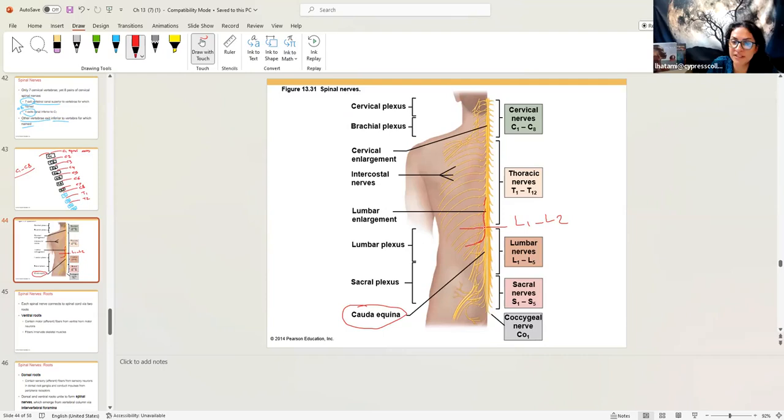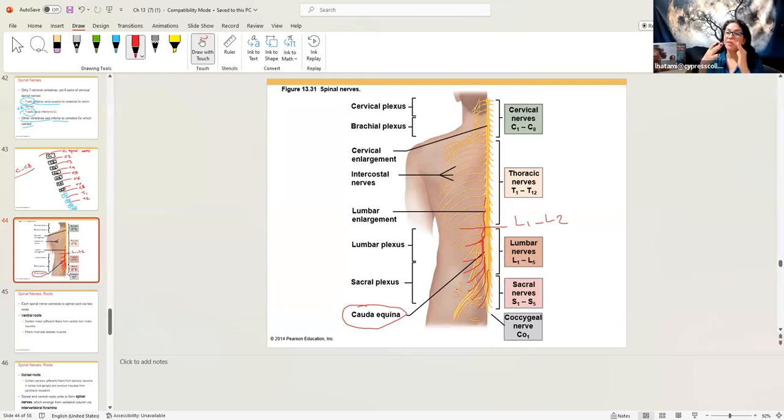For example, if this is L3, it goes down to find L3 and then comes out. The L4 lumbar spinal nerve finds L4 and comes out below L4, L5 below L5, S1 below S1, S2, S4, S5.